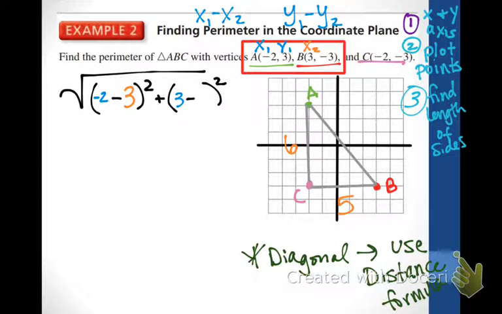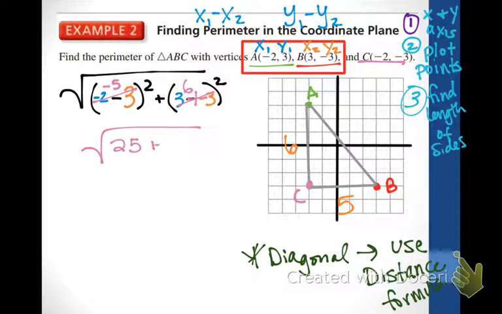And then my y2 is negative 3. So again, you should be able to read your coordinates. You see my blue, negative 2, 3. That is coordinate A. 3, negative 3. That's coordinate B. All right, so from here we just solve. So minus 2 minus 3 makes negative 5. 3 minus minus 3 makes a plus, which would be 6. Continue. What is negative 5 squared?